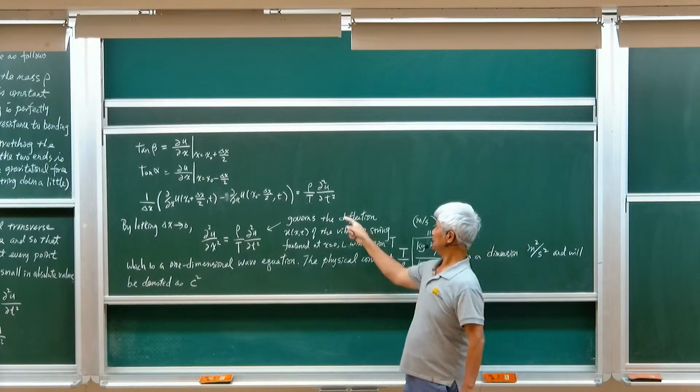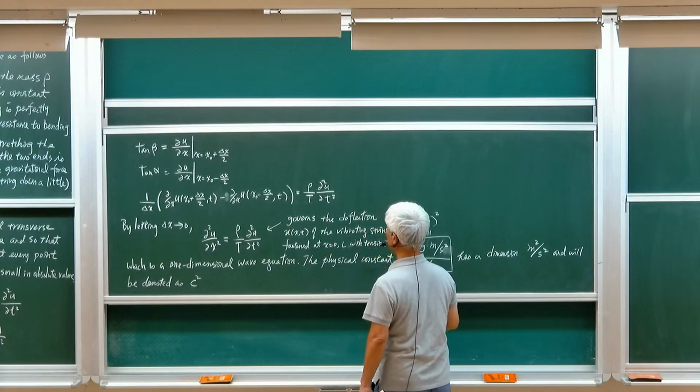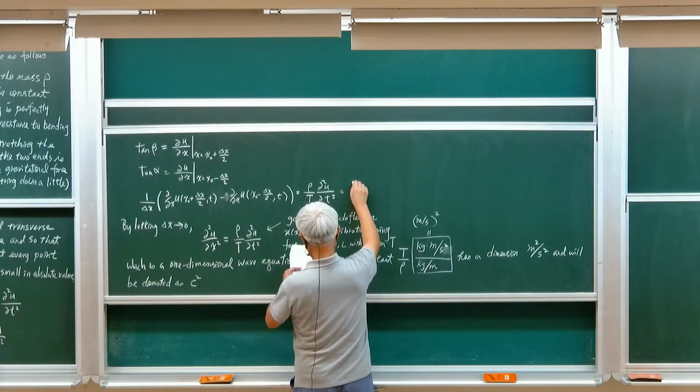Now, rho together with the c here, this becomes c square.